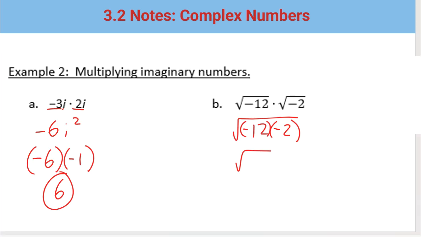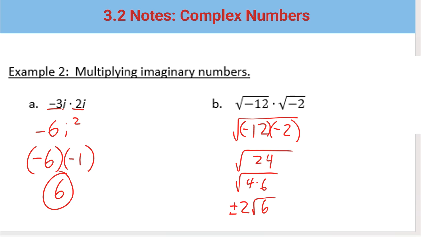So negative 12 times negative 2 is positive 24. I know that 24 is the same as 4 times 6. So plus or minus 2 is the square root of 4 times 6.